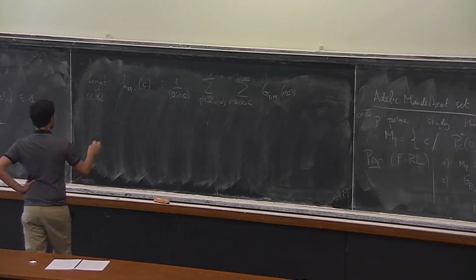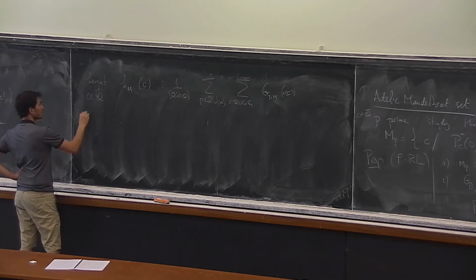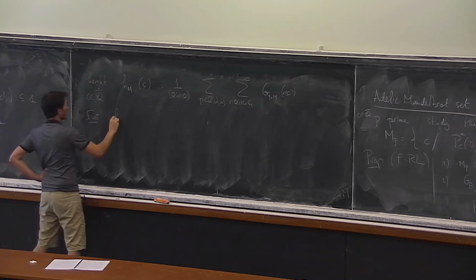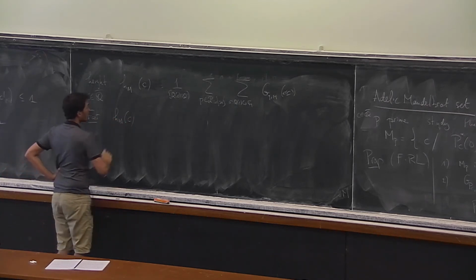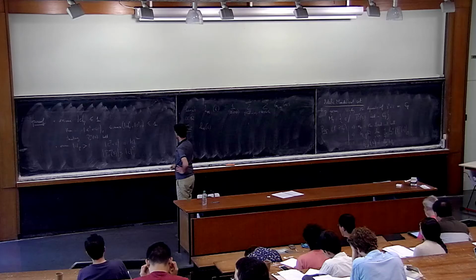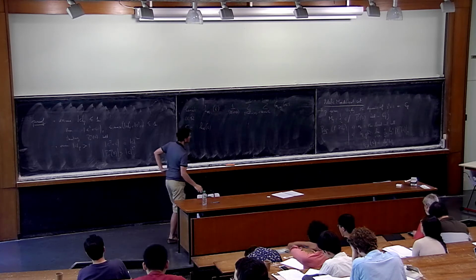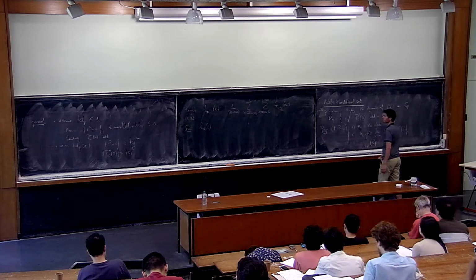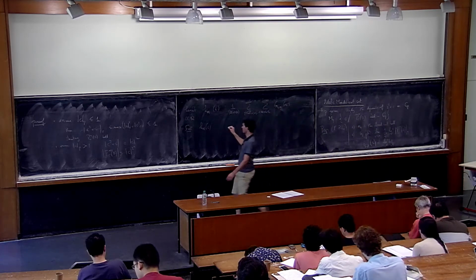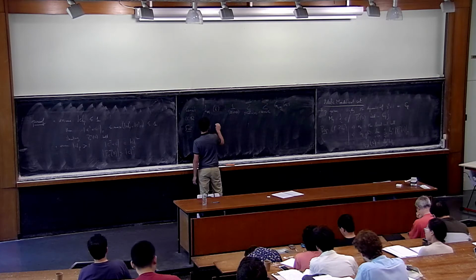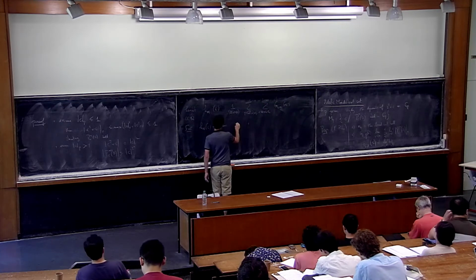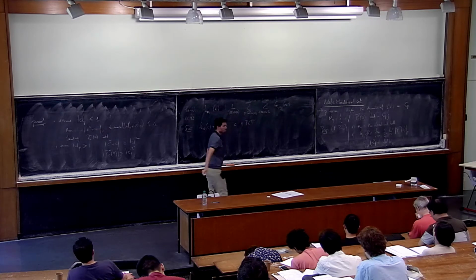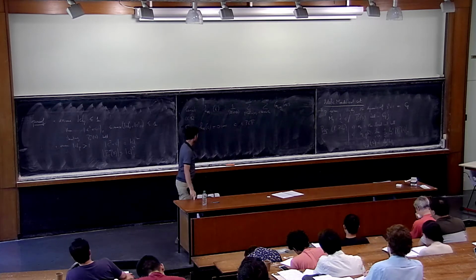And actually there's a fact: h_M of c is equal to 0 if and only if the parameter c is post-critically finite. And the reason is this one.